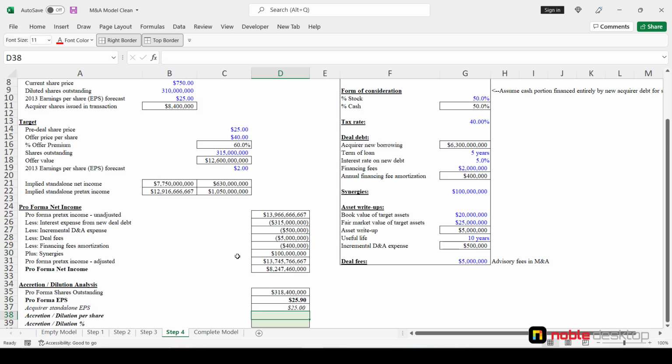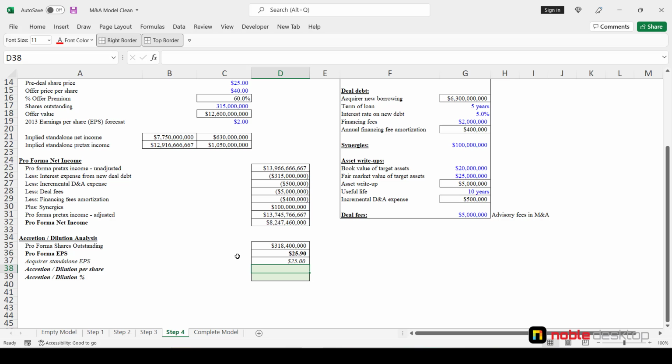And my accretion dilution per share will be a simple subtraction of pro forma EPS and acquirer standalone EPS. Beautiful. We have positive 90 cents, which is already a good sign. Let's calculate accretion dilution in percentage.